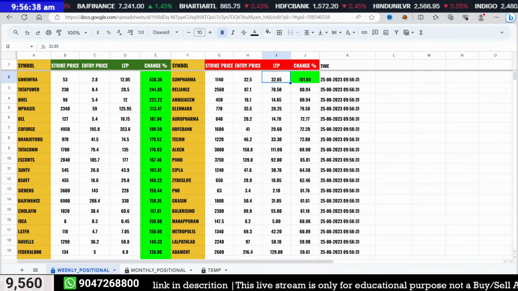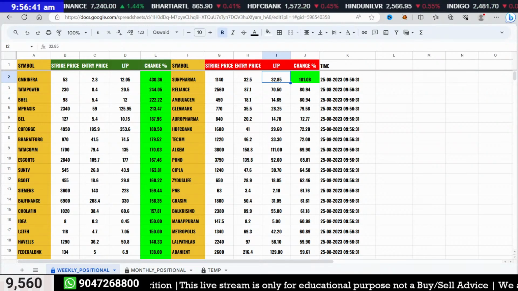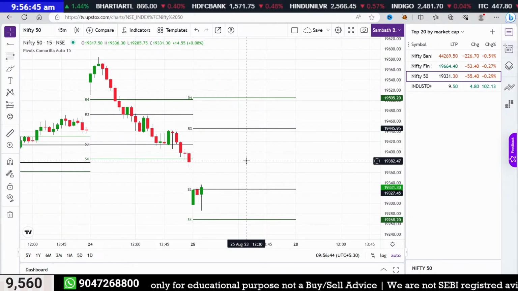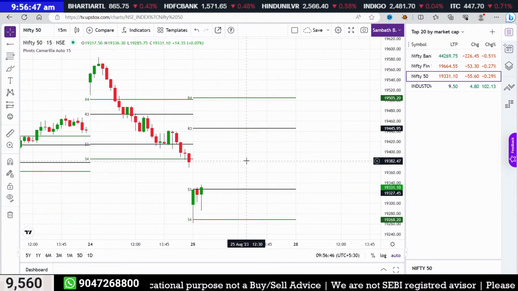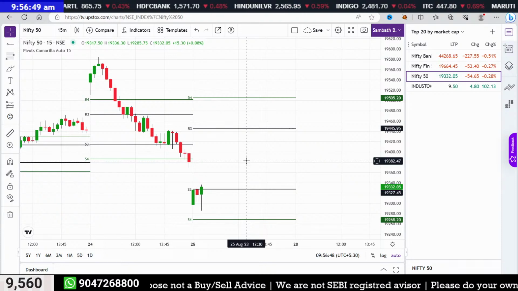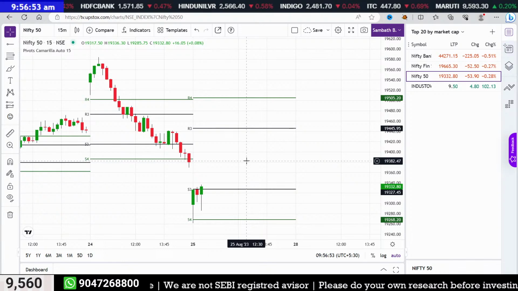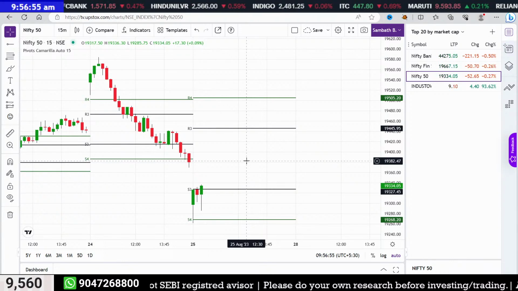But I normally don't focus on the Reliance 2560 put option. Yeah, I think now there's a slight recovery on Nifty, and it was trading near support 3 and started below S3, and it is closing above S3, maybe a trend reversal.